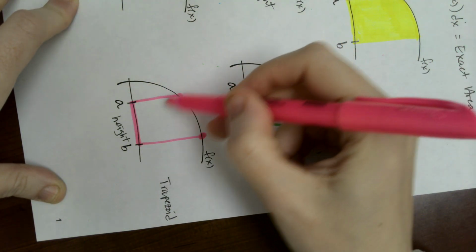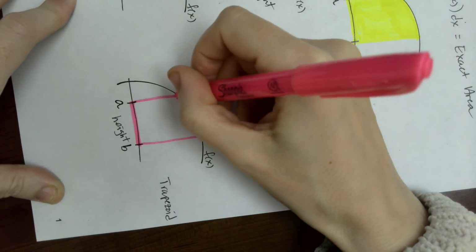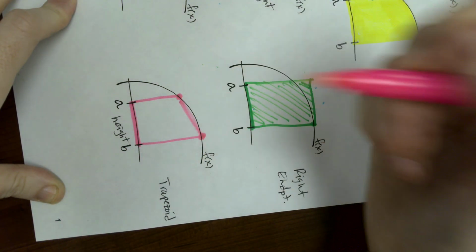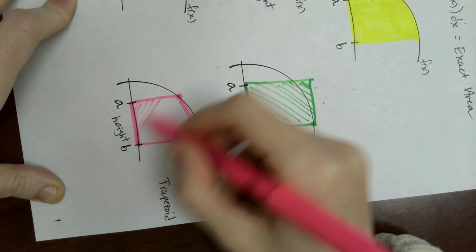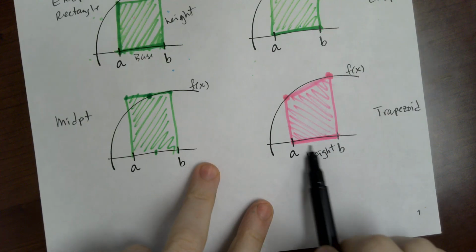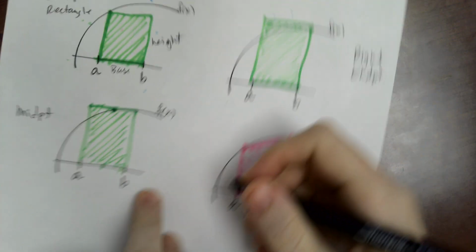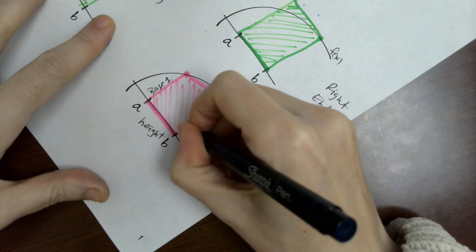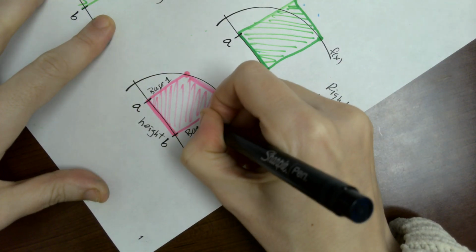So height, base 1, base 2, and then you connect those, and then this would be the trapezoid. All right, and that's going to give the best approximation. And this is the height, and this is base 1, and this is base 2.